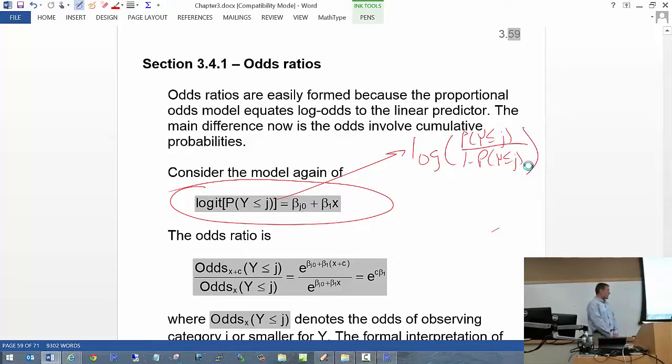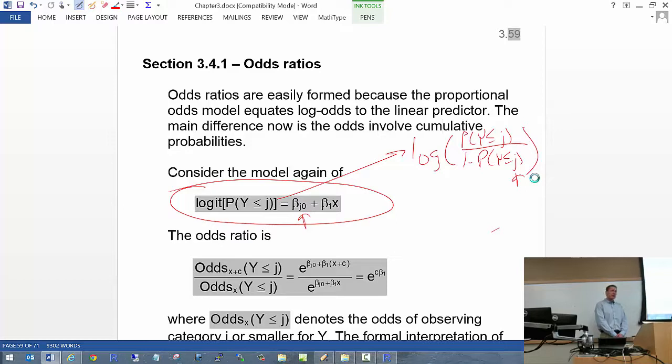We set that equal to beta j0. Notice the j that's in there and how it matches the j that was on the left-hand side of the model, plus beta 1 times x. And again, that is correct that there is no j in that beta 1. And that's what gives us the proportional odds part, as we discussed before.